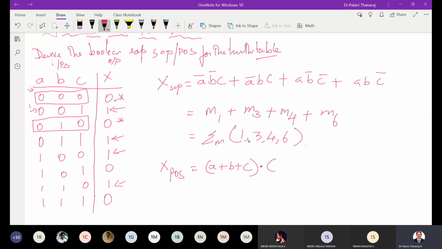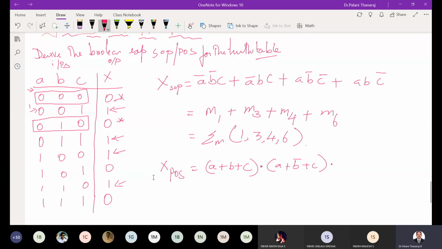Just try. A plus B, then B bar plus C. Very good. So this is how we have to write each sum term.